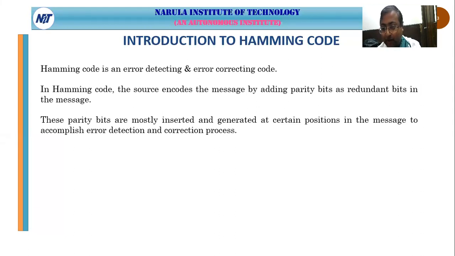Then 2 to the power of 1, that means the second bit. So the second bit should be parity P2. The third bit should be the message bit, called D1, because the third bit is not of the 2 to the power of n form. Clear? So if n is equal to 2, then it will be the 4th bit position. Then we come to P4.